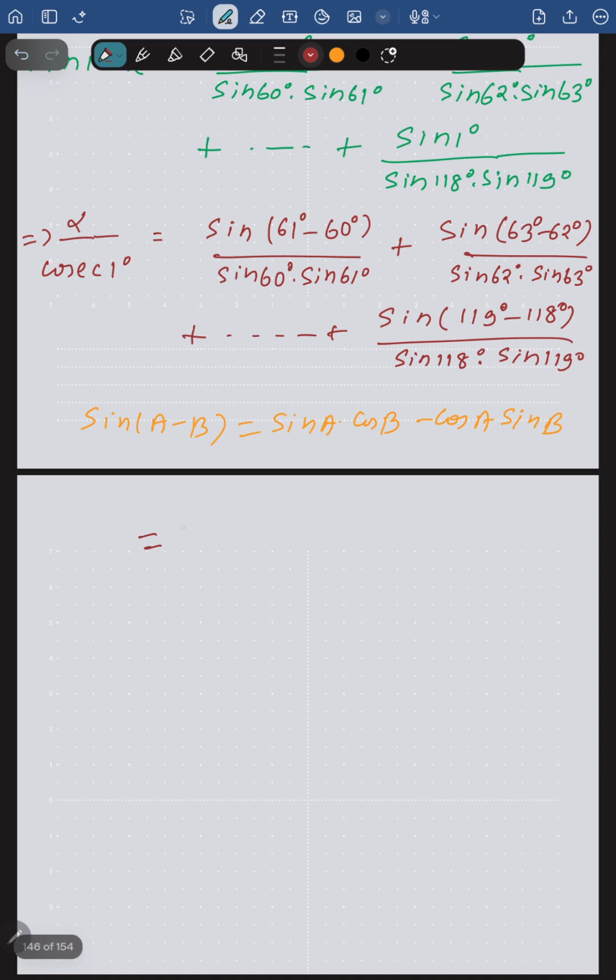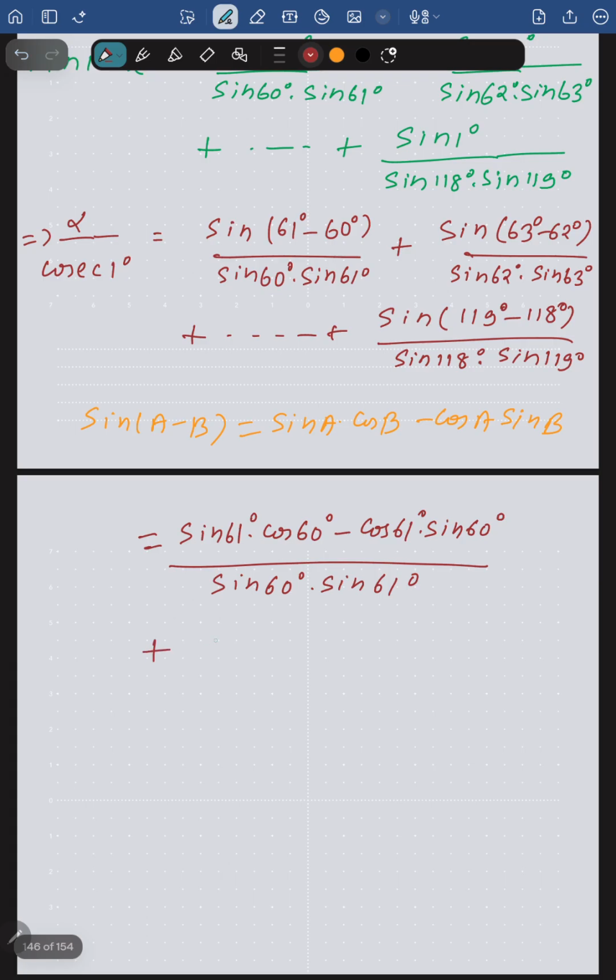On the right side, sine of 61 degree minus sine 60 degree will be written as sine 61 degree into cos 60 degree minus cos 61 degree into sine 60 degree divided by sine 60 degree into sine 61 degree. This is first term.